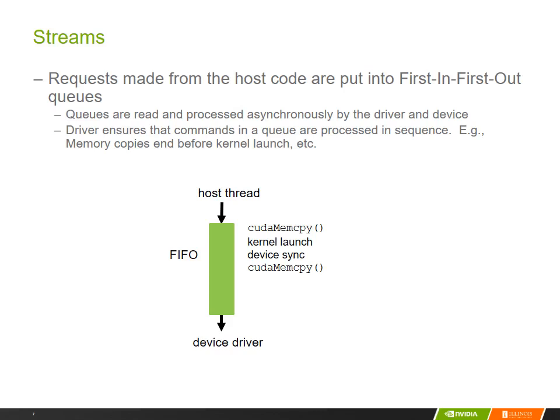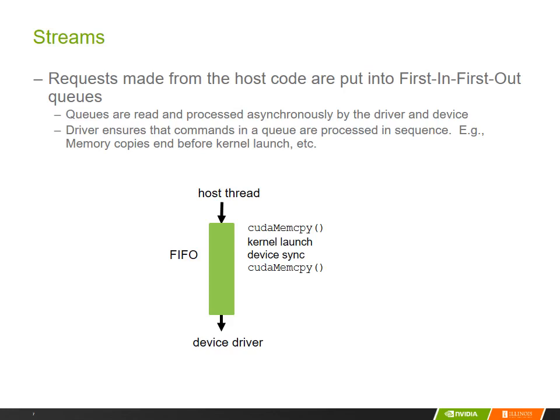So all the commands with the same stream parameter will be entered into the same FIFO queue. These queues are read and processed asynchronously by the driver and the device. The driver will enter these commands into the queues, and then the driver will also remove these commands from the queues and have them execute in the device.